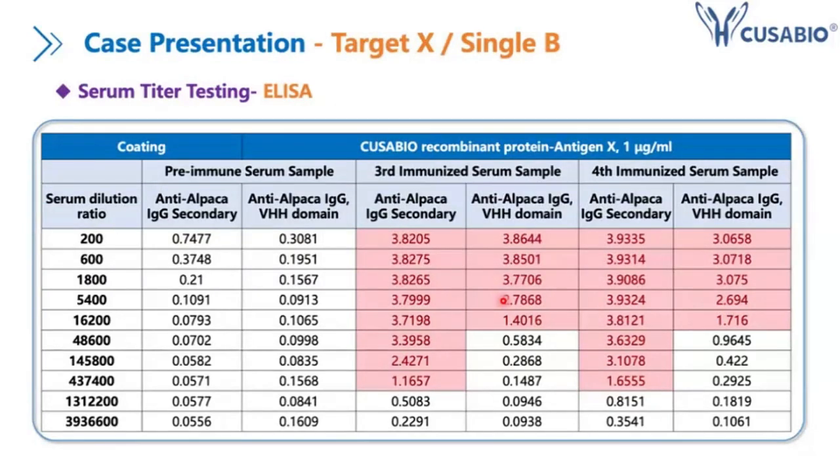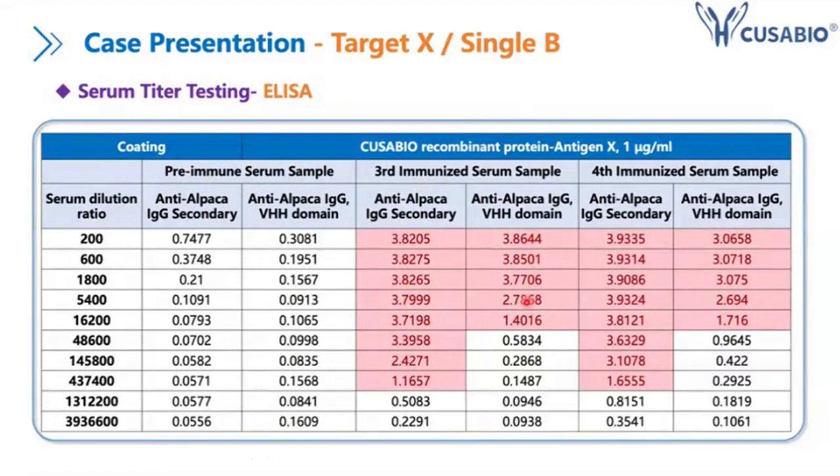The pre-immune serum samples are the negative control, and we use different secondary antibodies to confirm the titer. The anti-alpaca IgG secondary is to assess the total IgG amount. We also have a secondary antibody called the VHH-specific antibody to assess whether we got enough nanobody.